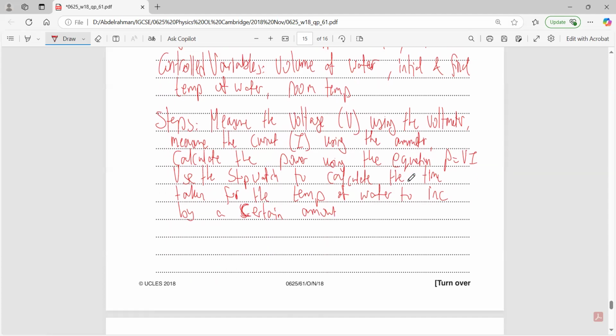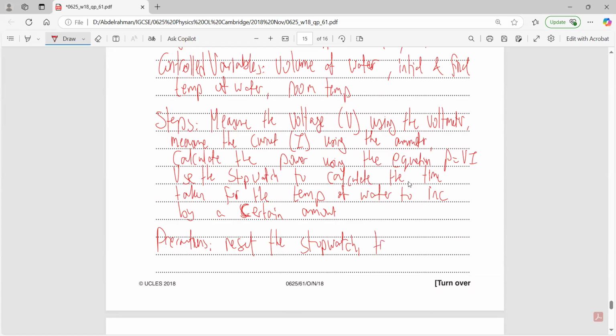These are the steps. Can I write down any precautions? Yes, for example, we can write down reset the stopwatch. You can also reset the voltmeter and the ammeter. Here you have a thermometer.